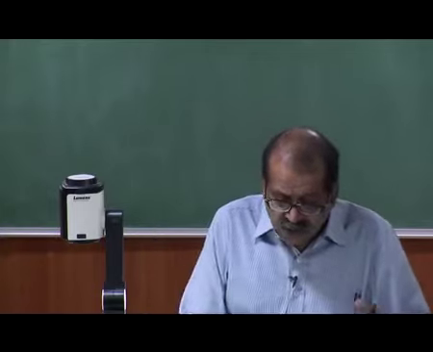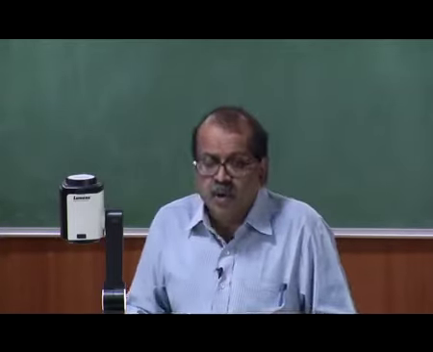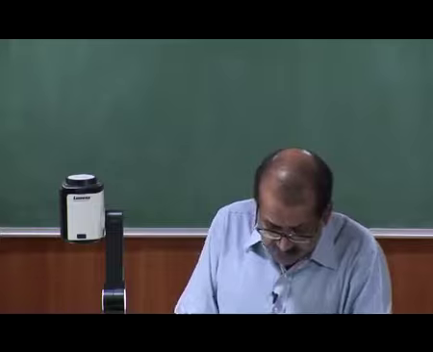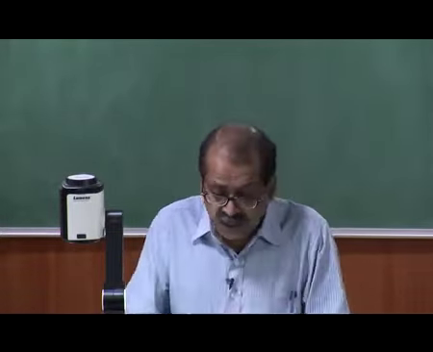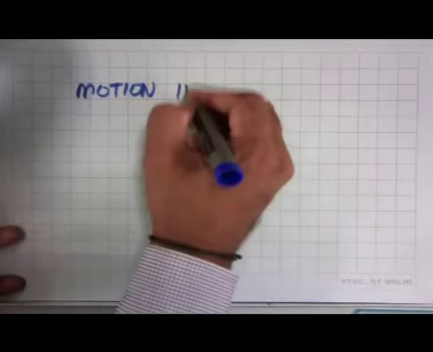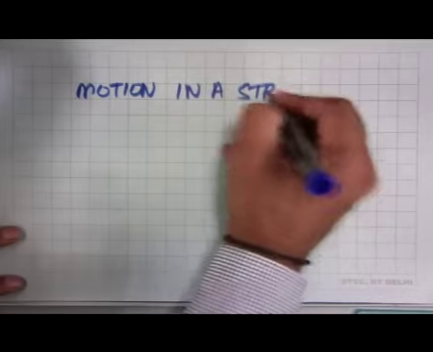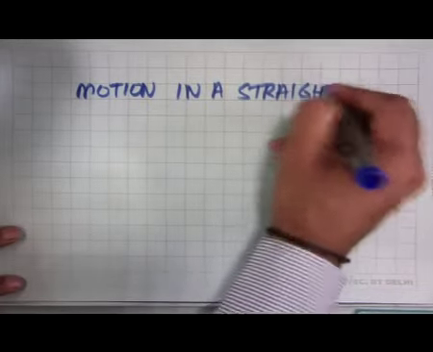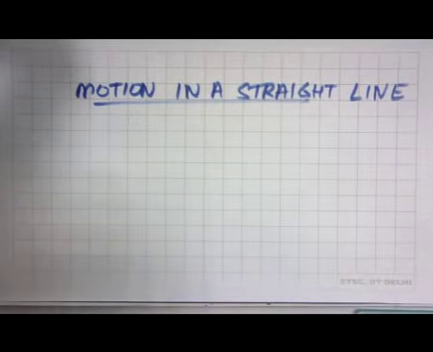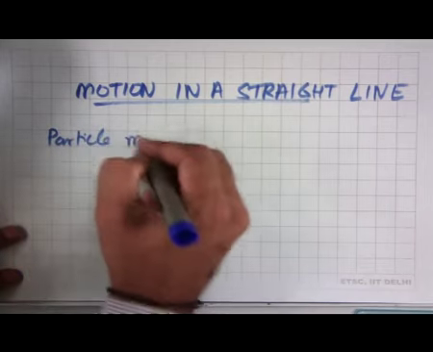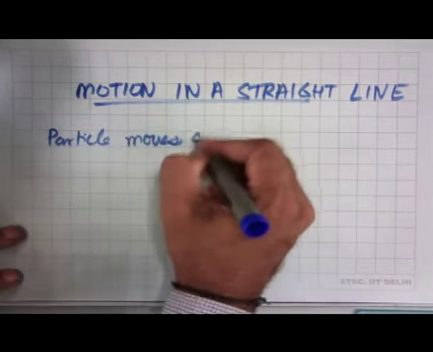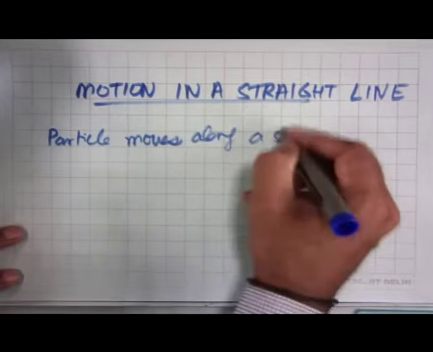So, with these concepts we would like to move on to the simplest type of kinematics, which is motion in a straight line. So, now what we look at is a particle that moves along a straight line.